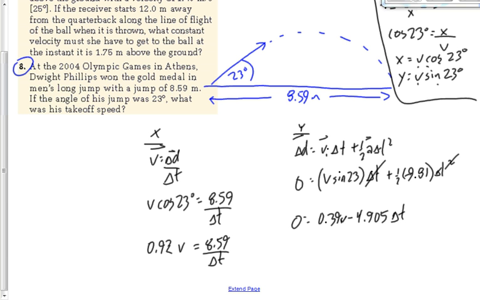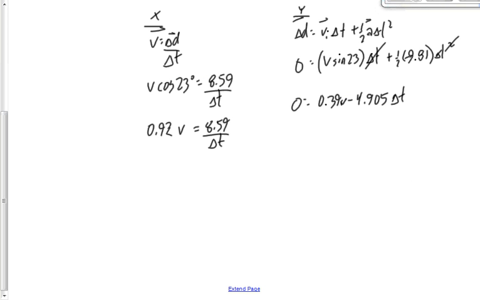Now, I think personally the easiest way to solve this is to solve for one of the variables in both equations. Solve for either V or T. We could say T is equal to 8.59 over 0.92 V. And over here we could say T is equal to, what would it be? 0.39 V over 4.905.